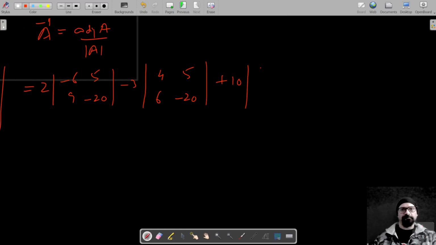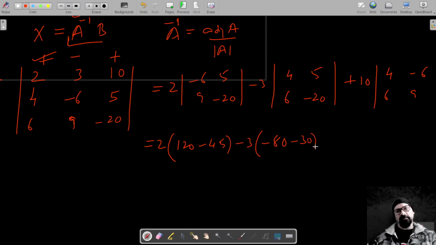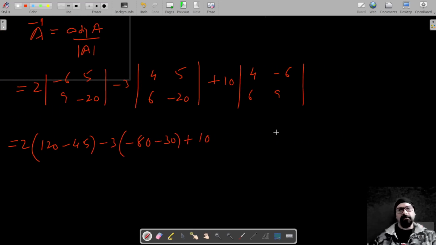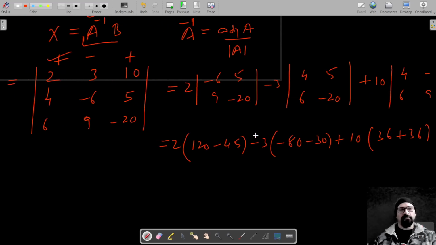Now this is equal to 2 times negative 6 into 20 is 120 minus 45, minus 3 times negative 80 minus 30, plus 10 times 36 plus 36.